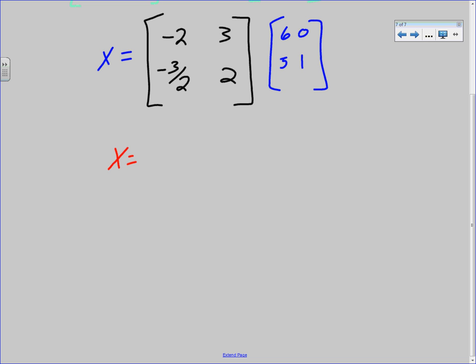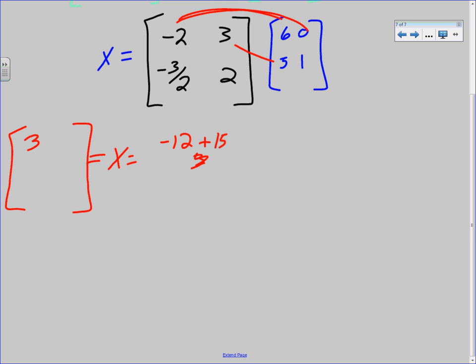X is equal to, well, we're going to go -2 times 6, and then 3 times 5. -2 times 6 should be -12, plus 3 times 5 is 15, should be 3. Let me just go ahead and put this right here. Now we go -2 times 0, and 3 times 1, that's also 3.